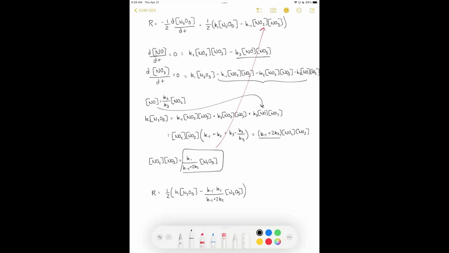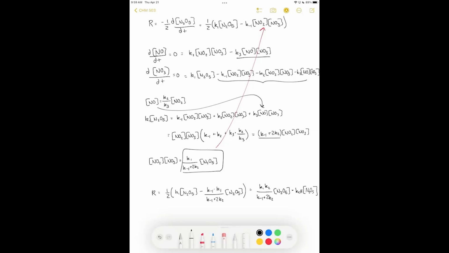Now we can factor out the N2O5 here. After some simplification, what we end up with is K1 K2 over K minus 1 plus 2K2 times the concentration of N2O5. In other words, we have a K effective times N2O5, or a first order reaction.